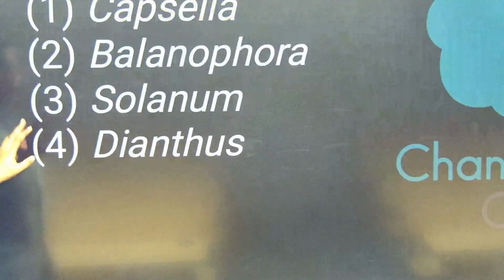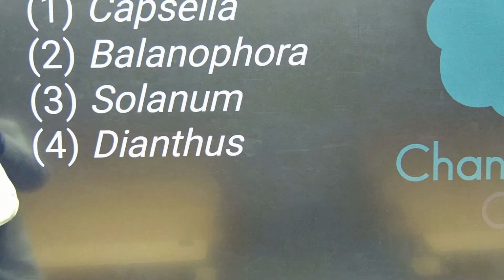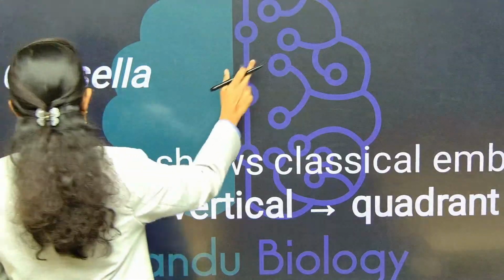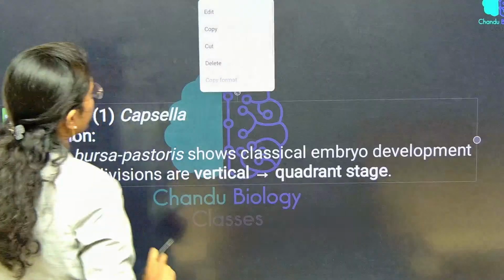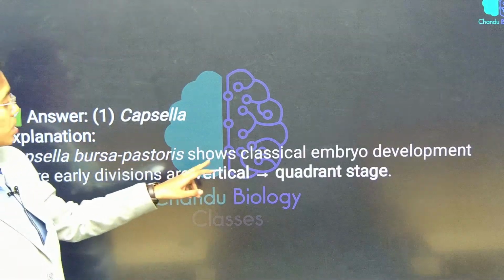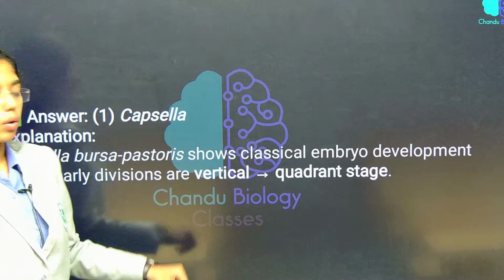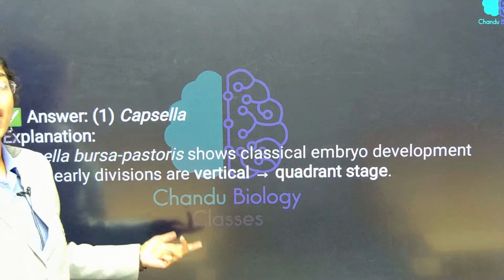What is the right answer? Take your time and answer. The answer will be Capsella. Capsella bursa-pastoris shows classical embryo development where early divisions are vertical, which leads to quadrant stage.